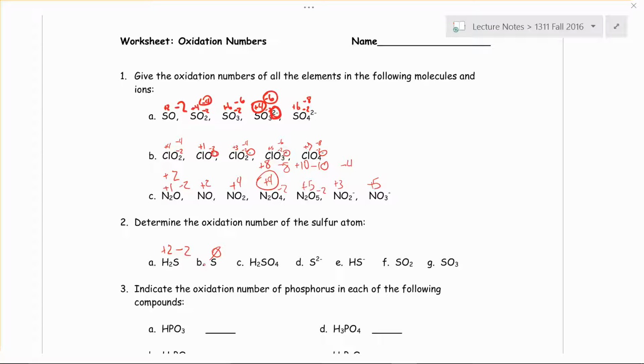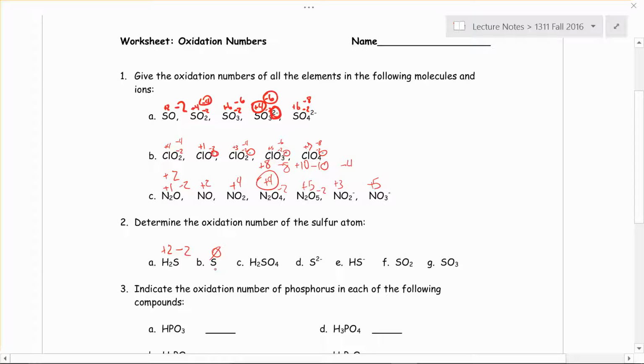Anything all by itself would have a 0 oxidation state. If it was S2 minus, that's different, right? That's an ion that's charged. But any element all by itself, and this wouldn't actually be all by itself, it'd usually be something like S4 or something like that.